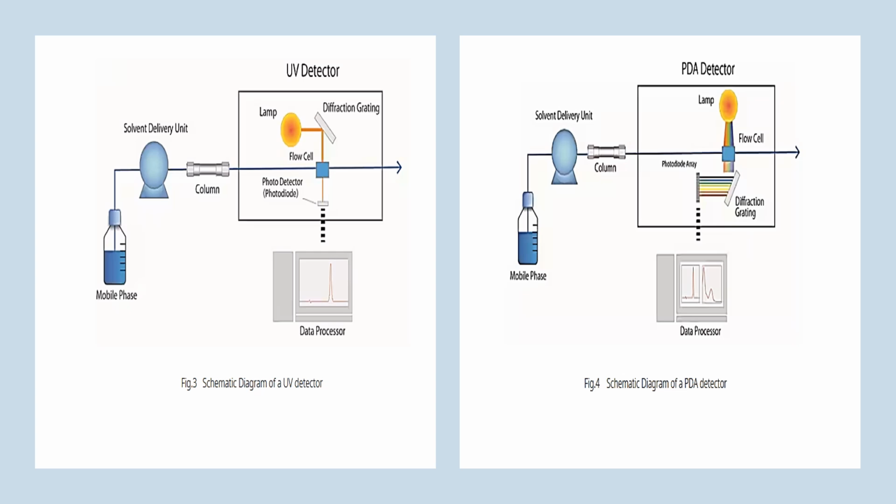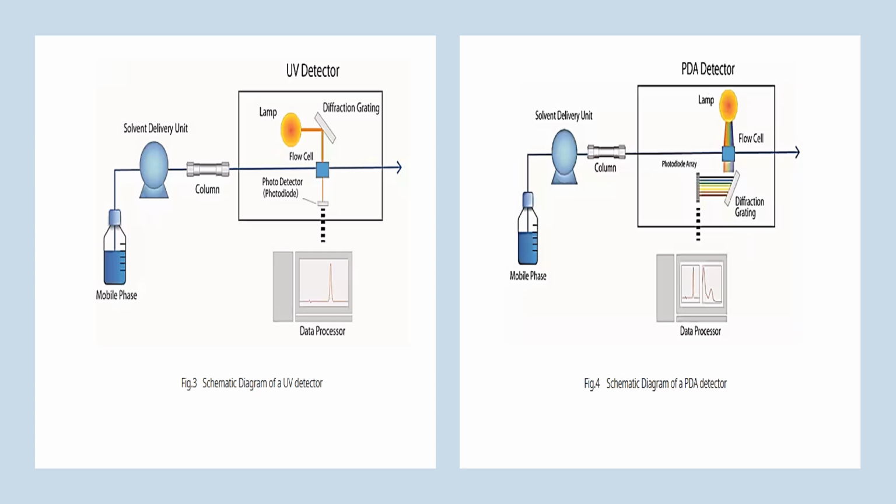When the separated light beam is received by a photodiode, which is a sequence of 1024 photodetectors, only the wavelengths in the specified range are converted into electrical signals and processed as absorbance data. In some cases, it is also called a DAD detector, that is diode array detector.